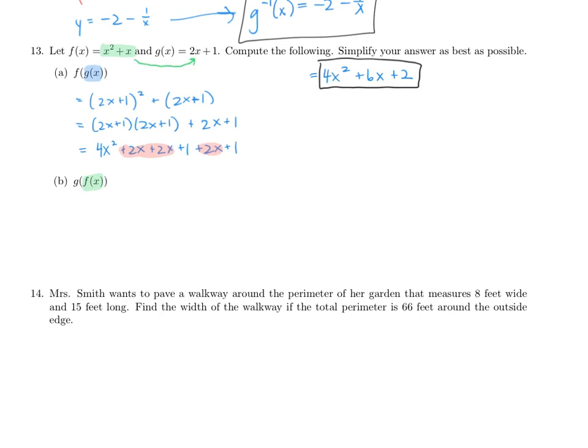So we're going to have 2 times x, which is now going to be x squared plus x, plus 1. So distribute the 2. So I'm going to have 2x squared plus 2x. Bring down the 1. There's no like terms here, so there's nothing else I can do. So this is it.